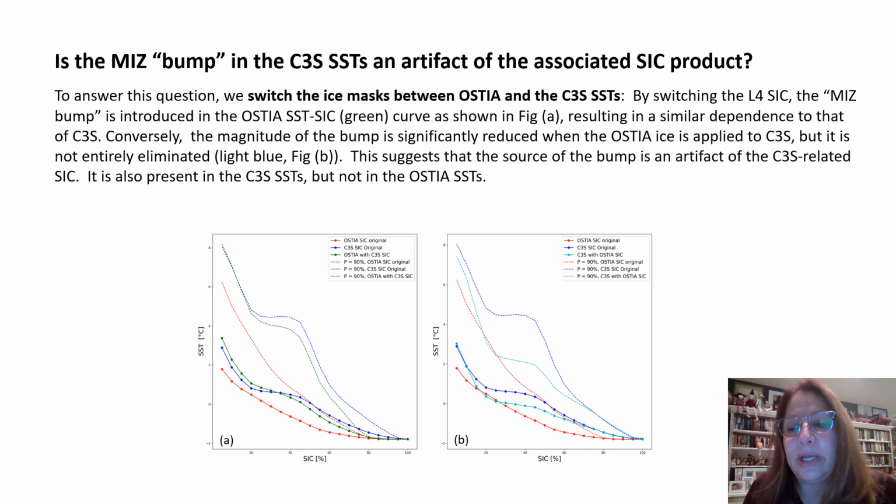However, when we apply the Ostia ice to the CCI SSTs, we see that we reduce the magnitude of the bump, but we're not able to eliminate it entirely. So this also means that the feature introducing this bias is present in the CCI SSTs, but is not present in the Ostia SSTs.